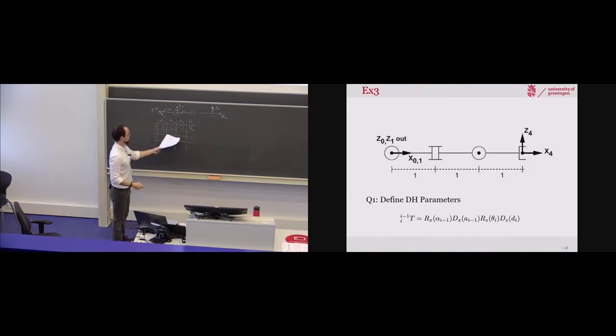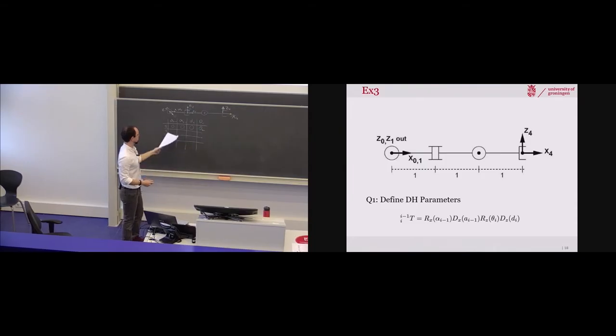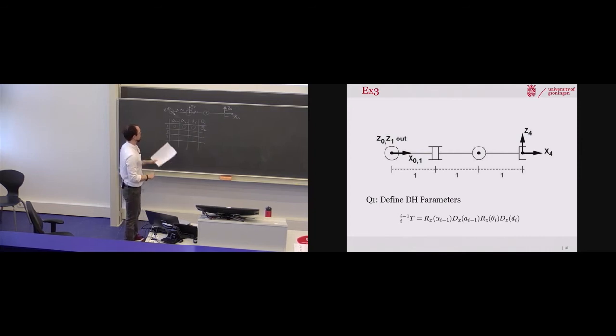Now we can complete our little table. How do we pass from frame 1 to frame 2? Is there any translation or rotation along the x-axis? Well, in this case there is, because I have to take the z that is coming toward us and put it from here to here, okay?